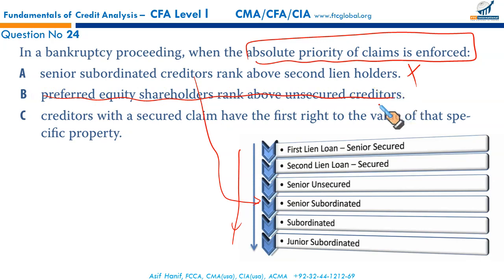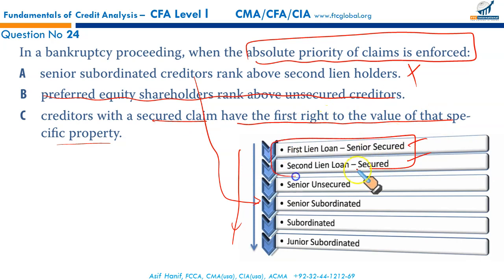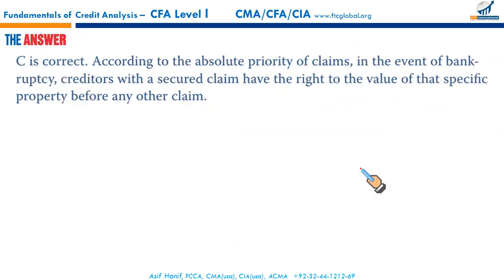It is not in these arrangements here. Creditors with a secured claim have the first right to the value of that specific property. Now that makes perfect sense. In bankruptcy proceedings, when the absolute priority claim is enforced, creditors with a secured claim have the first right to the value of that specific property. That is why C is your correct option.